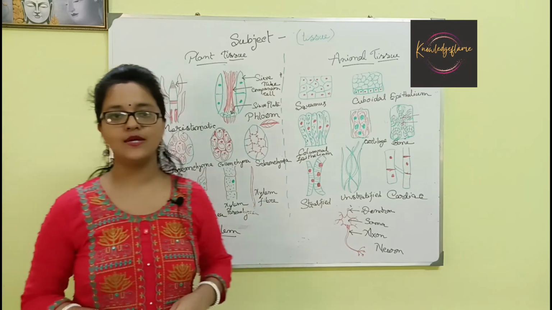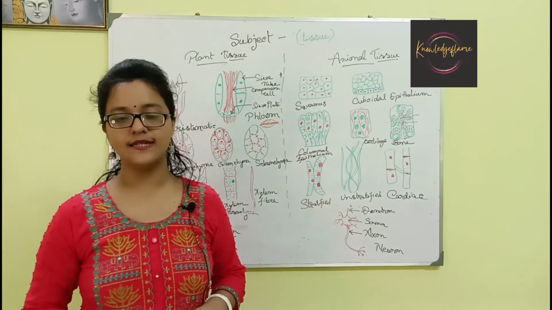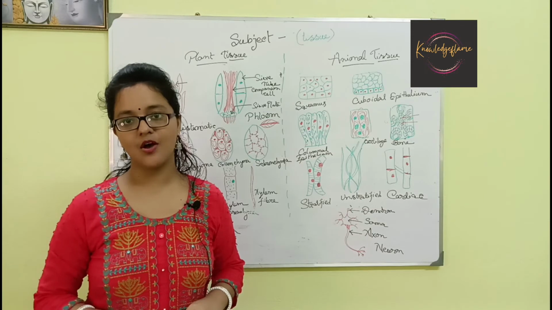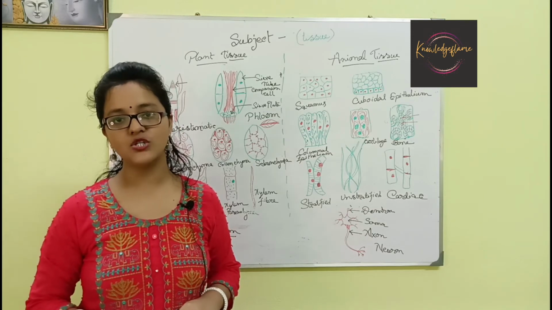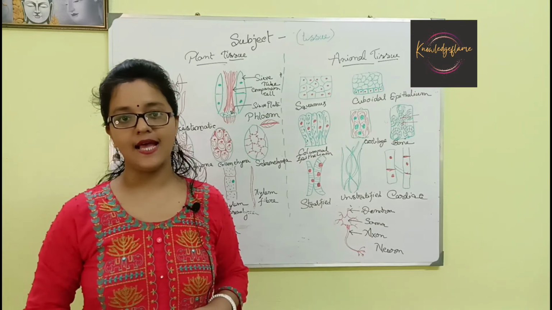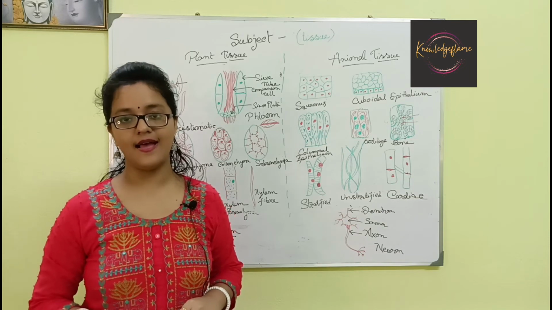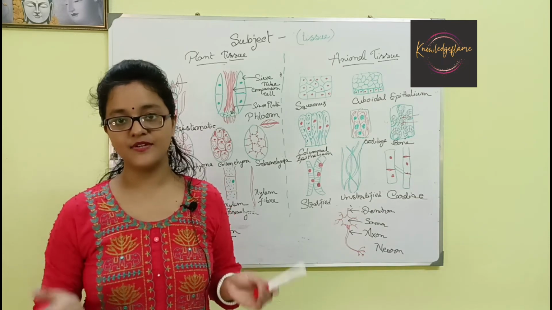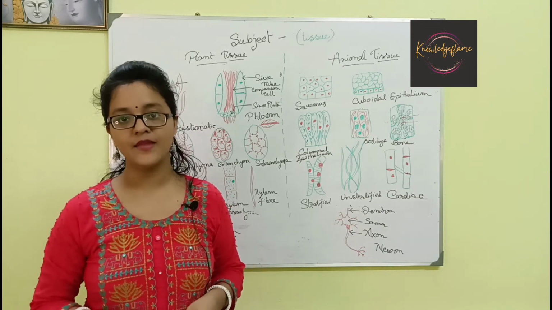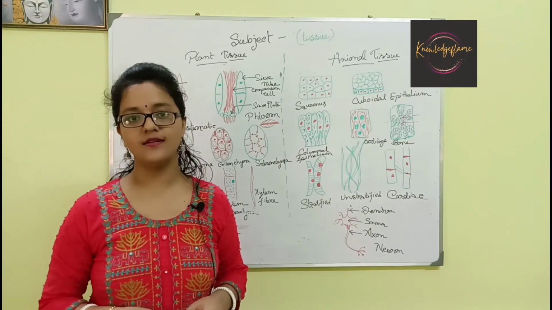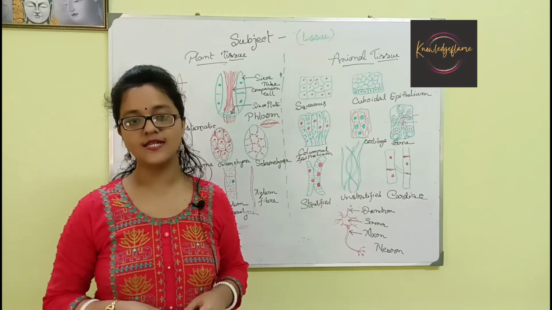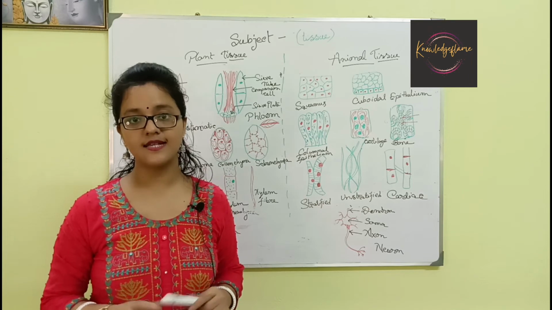Parenchyma tissue cells are found in the cortex and pith of the root and stem and the mesophyll of the leaves, and the cells have different types of cell wall. Actually, the cell wall is deposited with cellulose, and there is a thick cell wall.